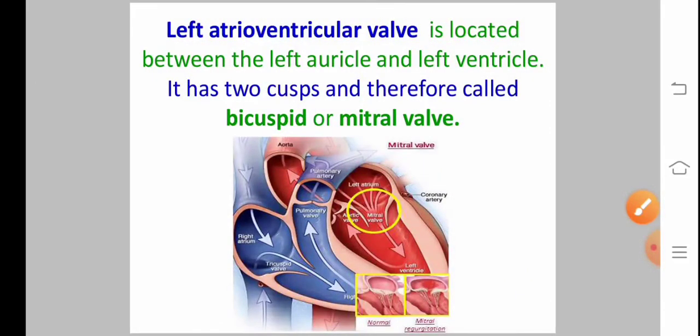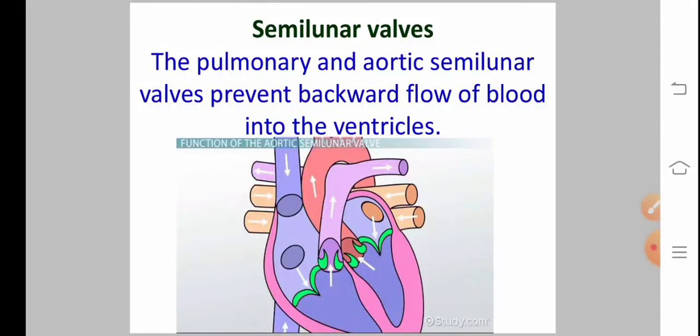Left atrioventricular valve is located between the left auricle and left ventricle. It has two cusps and therefore called bicuspid valve. Semilunar valve. The pulmonary and aortic semilunar valves prevent backward flow of blood into the ventricles.